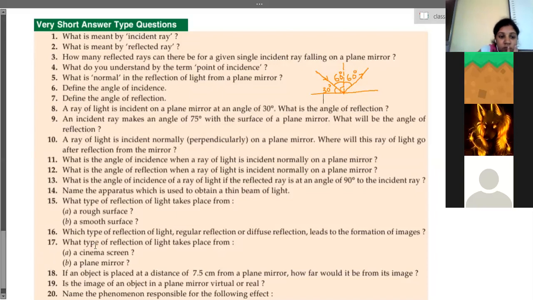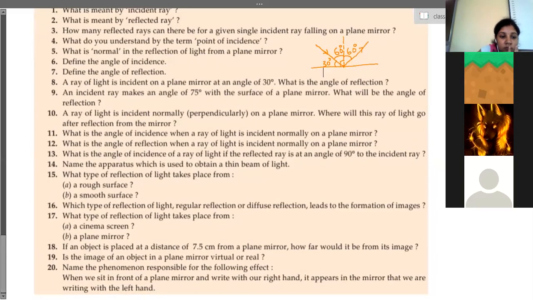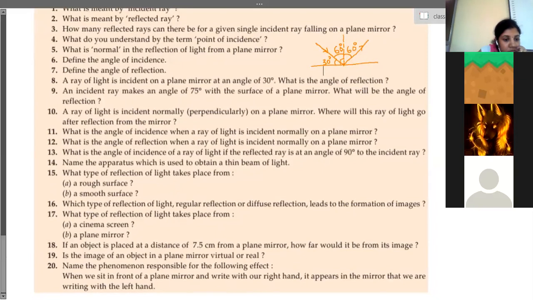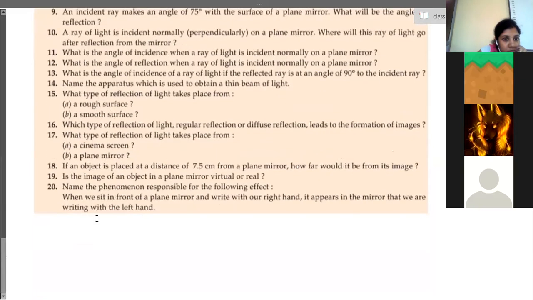Means till 19th. Ashi, how many questions completed? I am at 15. 15th, why so slow?